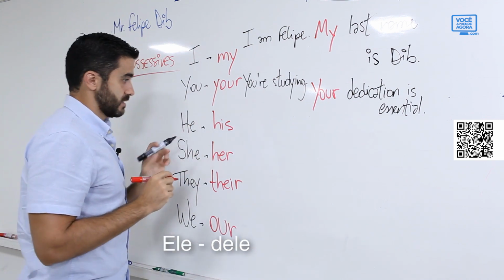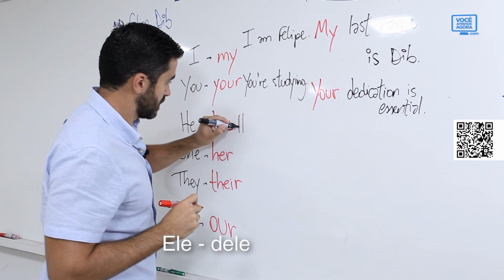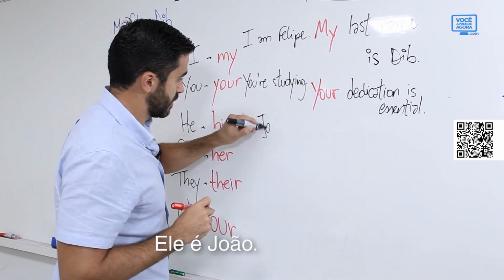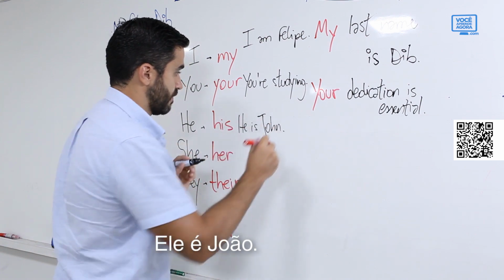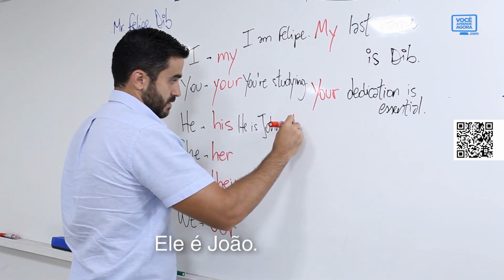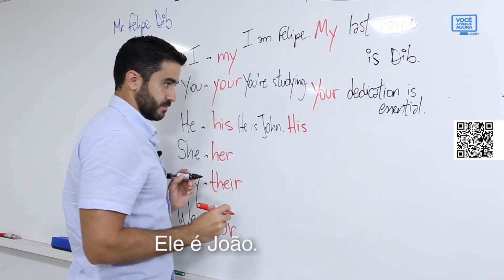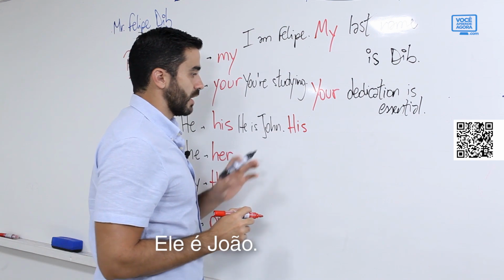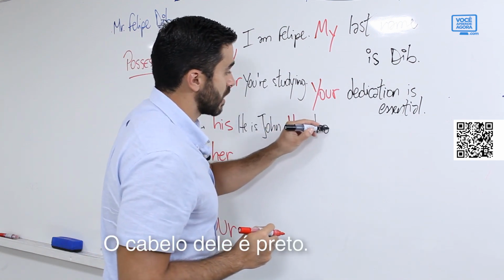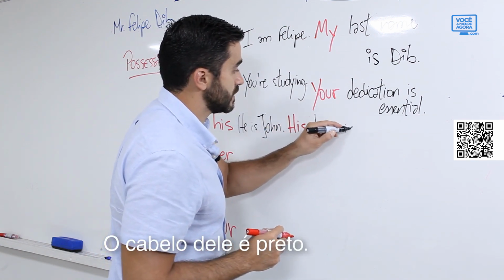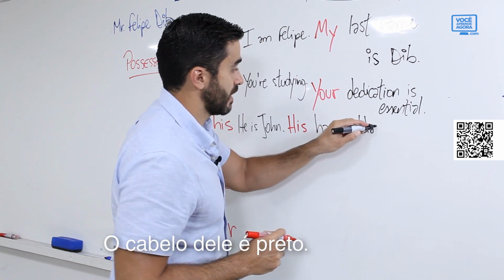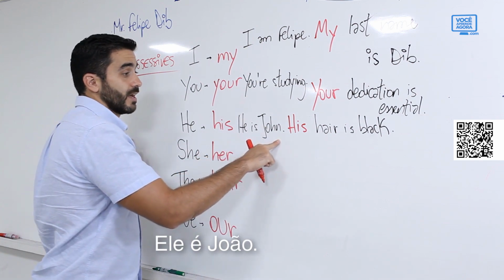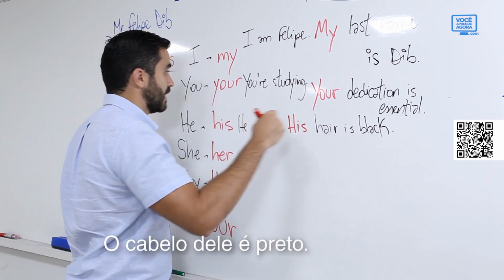He, his. He is John. His hair is black. He is John. His hair is black.